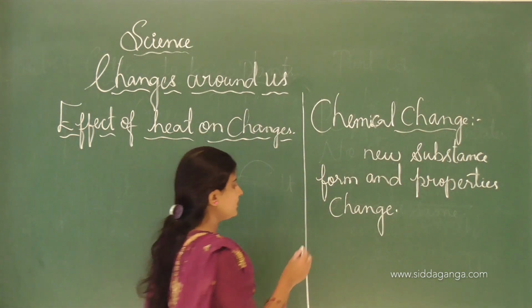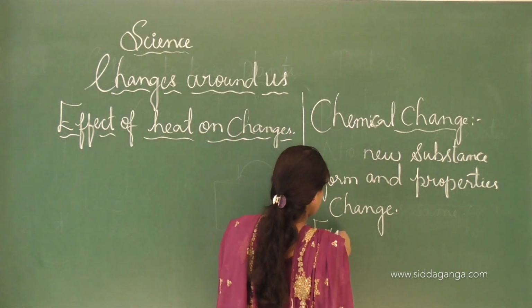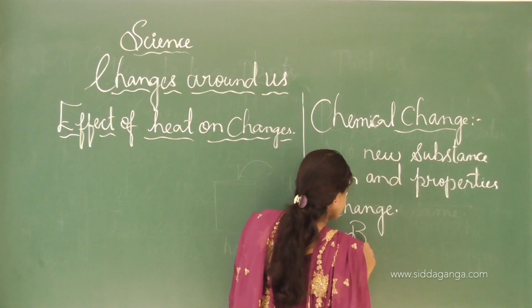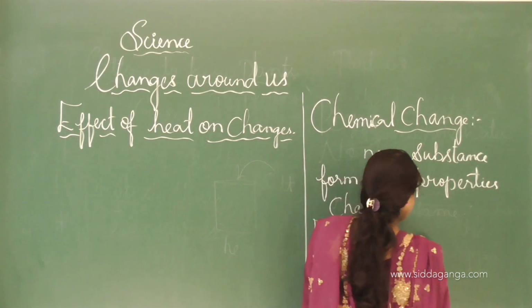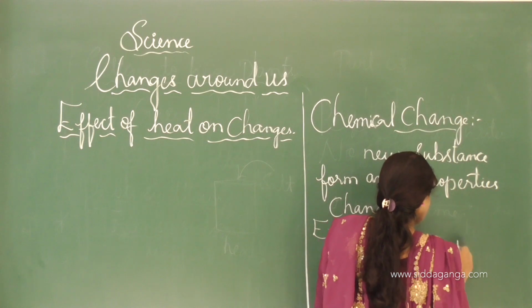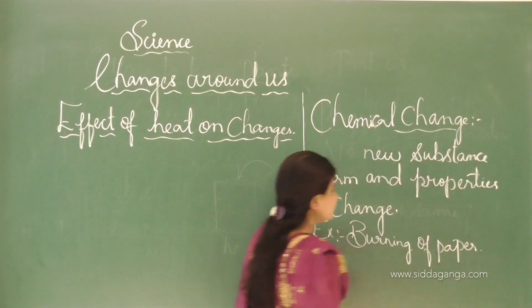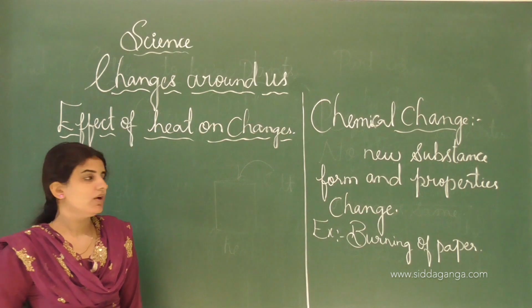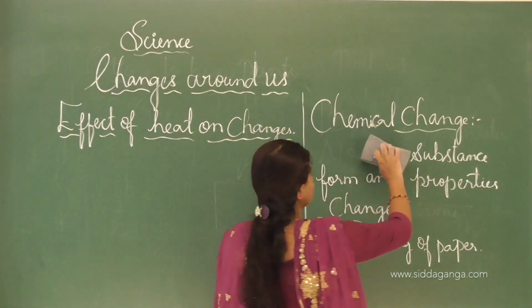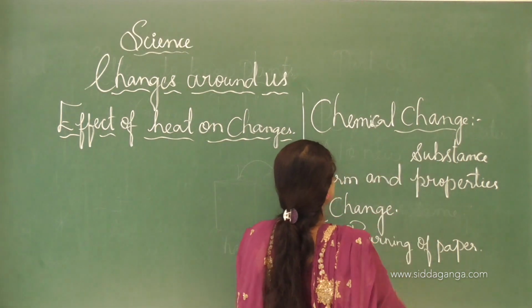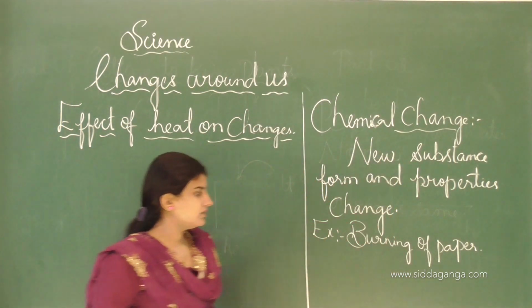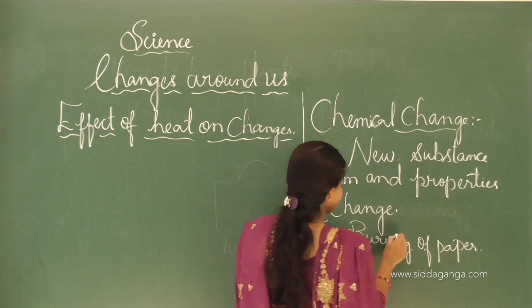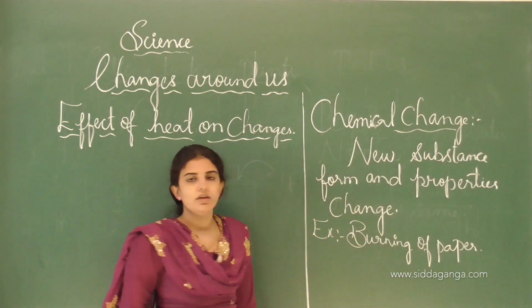An example of a chemical change is the burning of paper. See, this is an example of a chemical change where a new substance with new properties is formed.